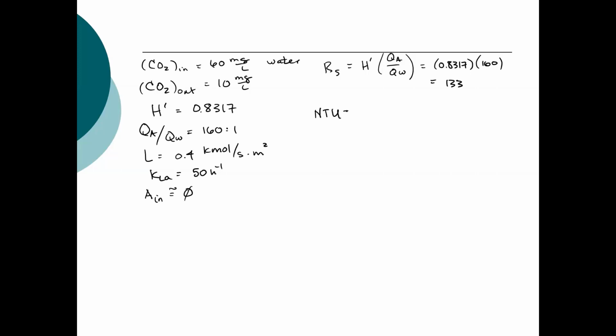The number of transfer units is equal to RS over RS minus 1 ln of Cin over C out, times RS minus 1, plus 1 divided by R sub S, and this is equal to 133 divided by 133 minus 1 ln.